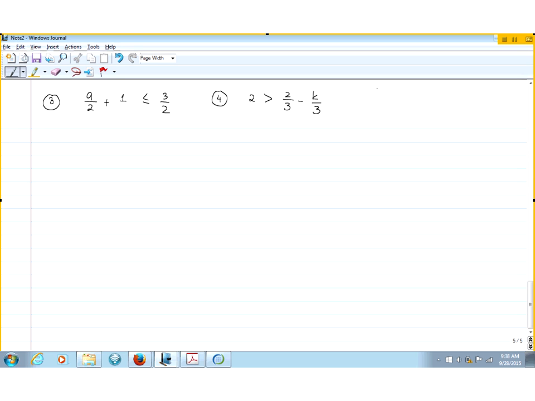So number 5: 4 minus 9k is less than negative 4k plus 19. Okay, so can we try these 3 problems? Alrighty.